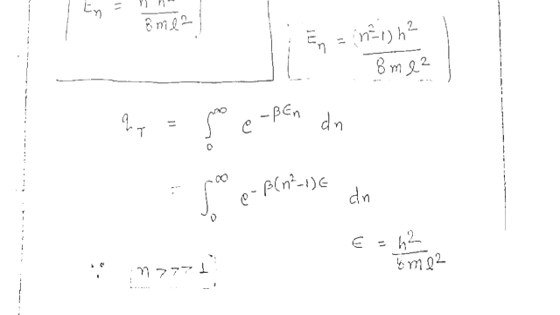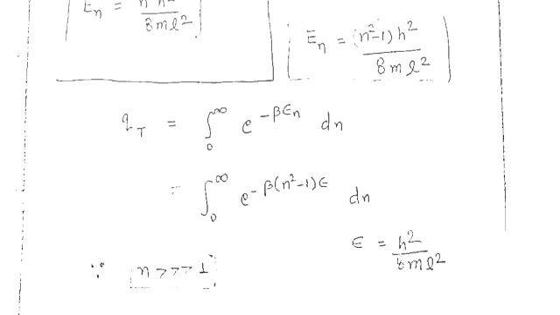We had taken the degeneracy equal to 1, and the remaining factor was exponential raised to the power minus beta epsilon n, or say en, the energy of the nth state. But here epsilon n we had taken as a constant.